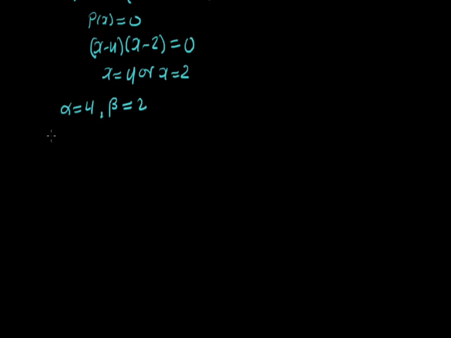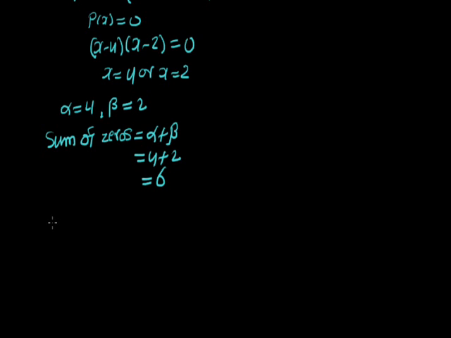Okay, so sum of the zeros is equal to alpha plus beta, and the value of alpha plus beta is 4 plus 2, that is equal to 6.